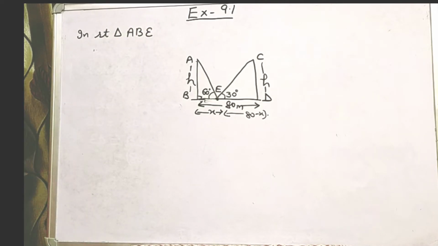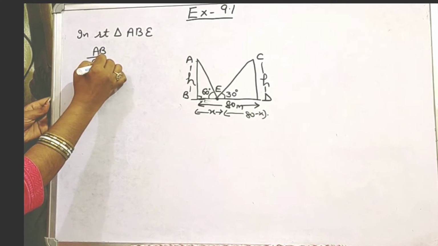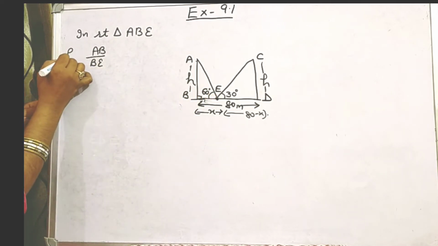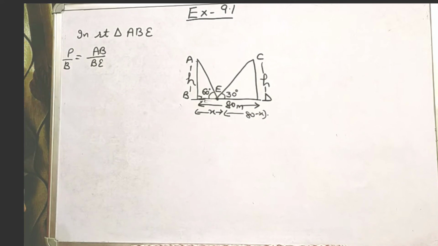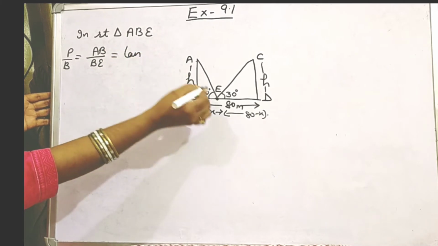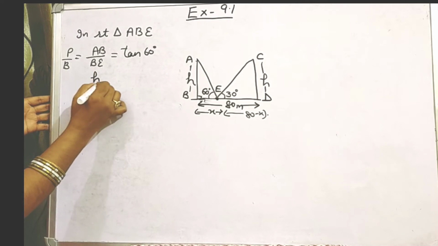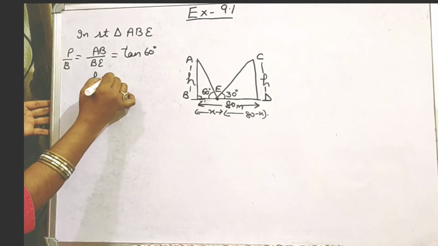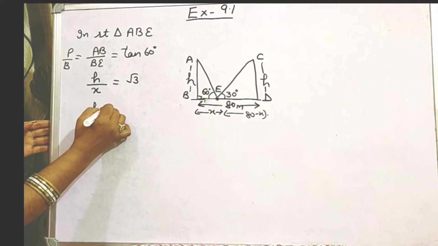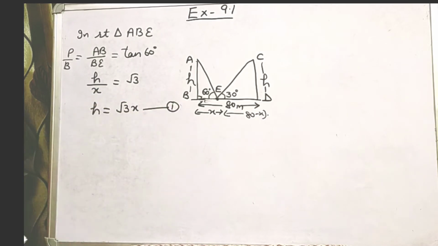In right triangle ABE, if I take the ratio AB by BE for angle 60 degrees, AB is perpendicular and BE is base, and we all know that perpendicular by base is tan of 60 degrees. Now AB is h as we have supposed, BE is x, and the value of tan 60 is root 3. So from here we get the first equation: h equals root 3 x.